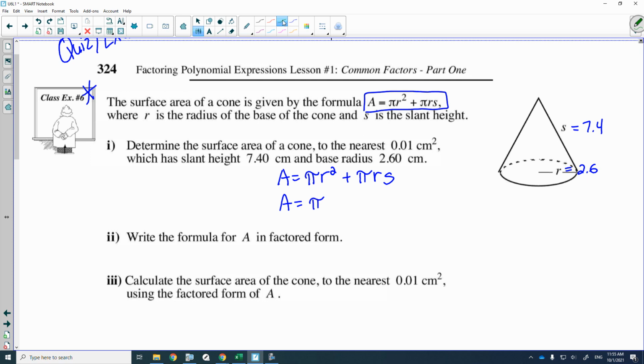Make sure you put radius in a bracket, and it was 2.6. The square goes on the outside of the bracket, plus pi r in a bracket, which would be 2.6, and s in another bracket, 7.4. You will enter this in one string on your calculator.